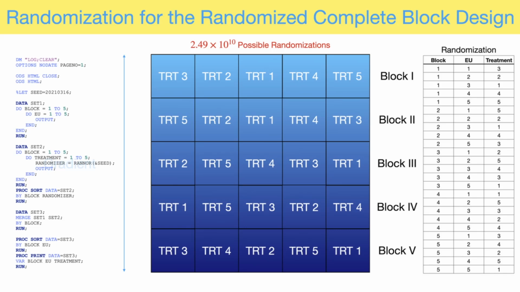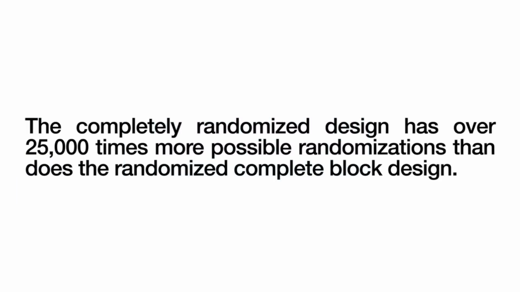In that sense, when we are randomizing for a randomized complete block design, the number of possible randomizations is smaller because we're imposing this restriction that we are randomizing the treatments within each block separately.